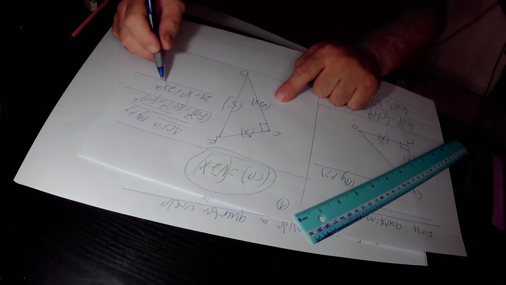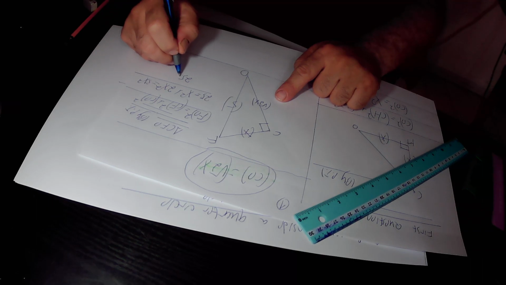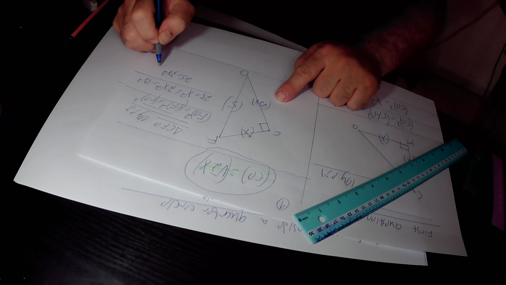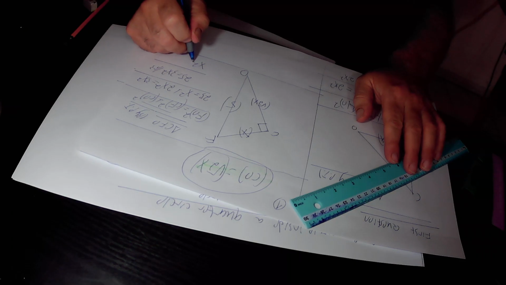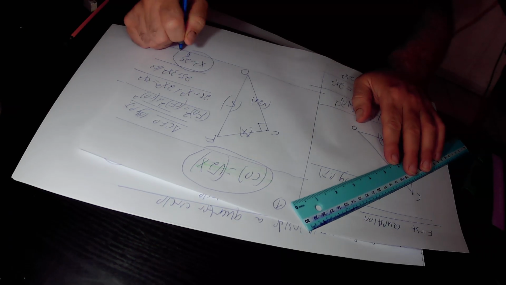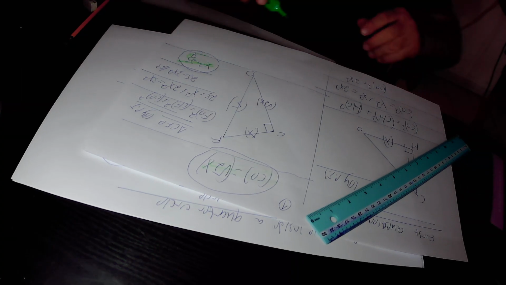X squared plus 2x squared is 3x squared. So 25 equals 3x squared. Here we divide this equation by 3, and finally we get that x squared equals 25 over 3.